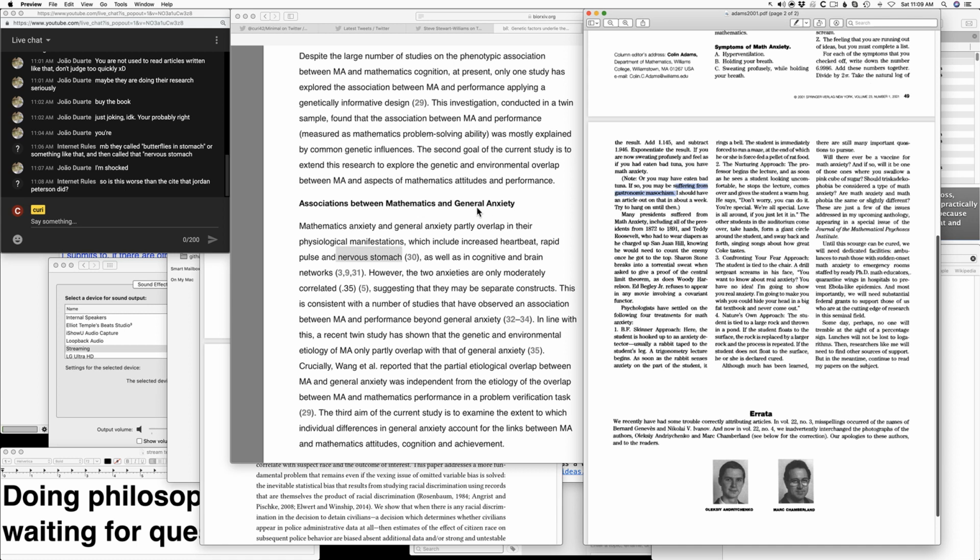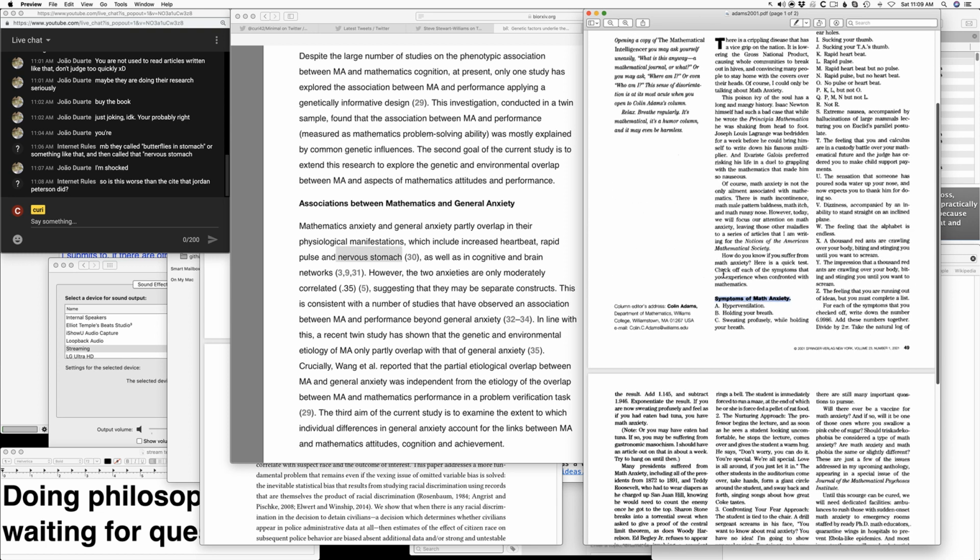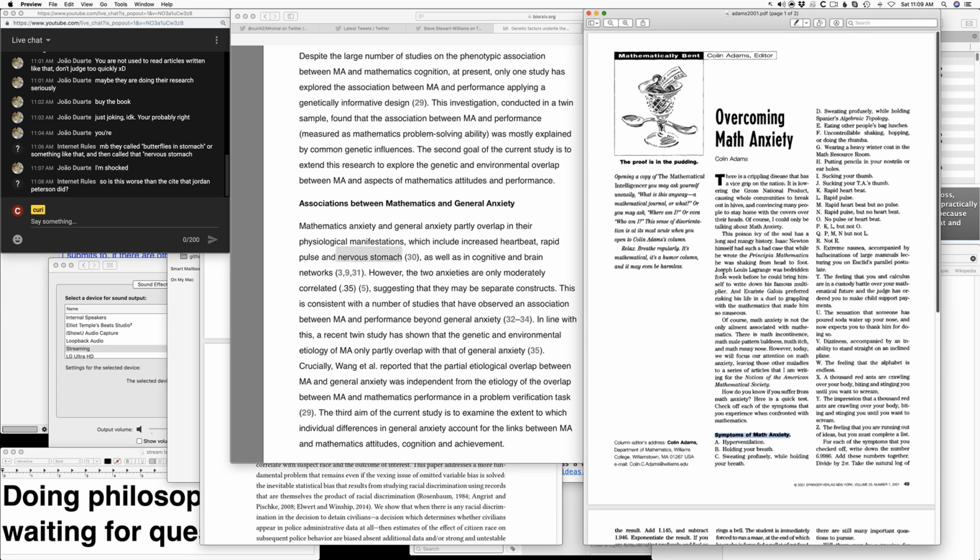It's certainly not research like they suggested it was. I think they're citing it for the symptoms of math anxiety list, which they decided to take seriously, which has rapid heartbeat and rapid pulse on it. Oh, extreme nausea could be considered to mean nervous stomach, I guess.